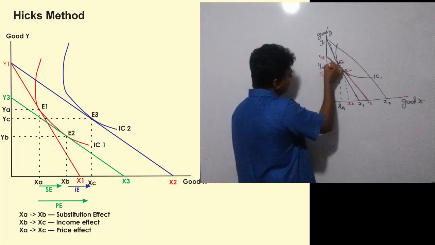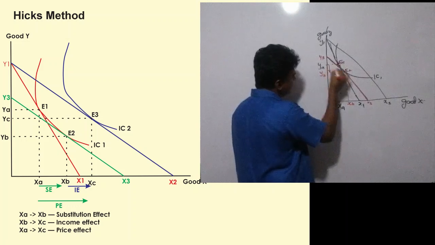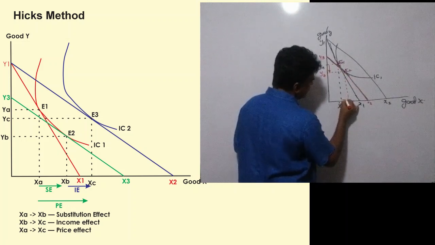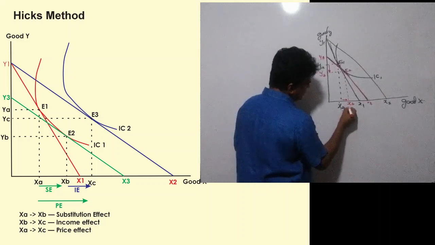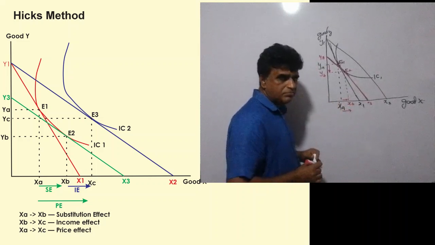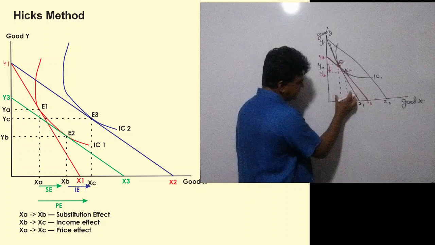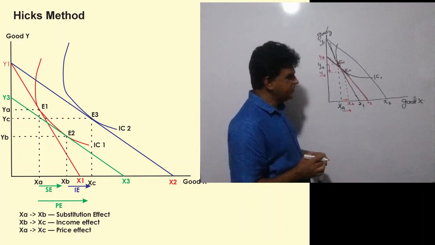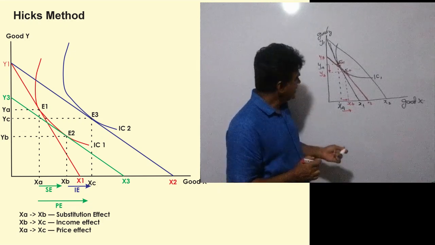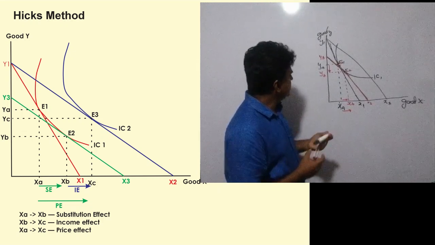That means this has given up and this has increased. That means this is the substitution effect, right? This distance from XA to XB represents the substitution effect.